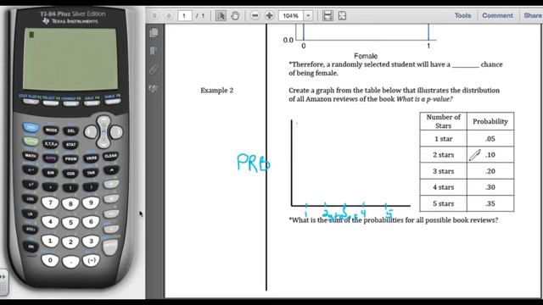Since this is in decimals, I'll do it in decimals as well. And note it goes from 0.05 or 5% all the way up to 0.35 or 35%. So there's no need to take this all the way up to 100%. I will just count by tens. So it'll be 0.10 or 10%. Here's 0.20. Here is 0.30.